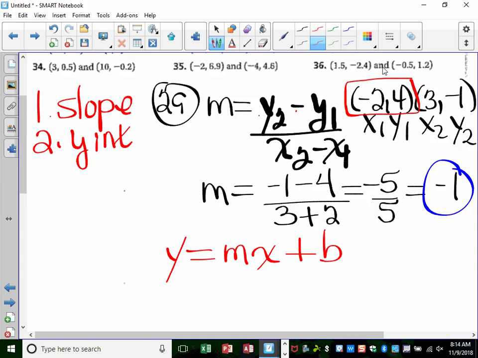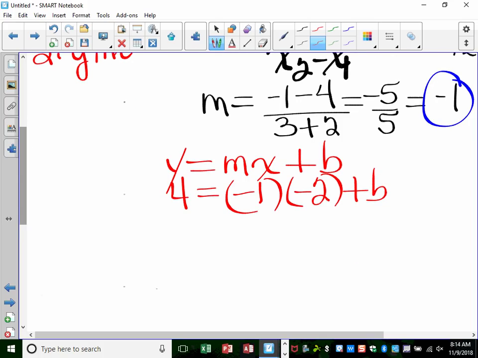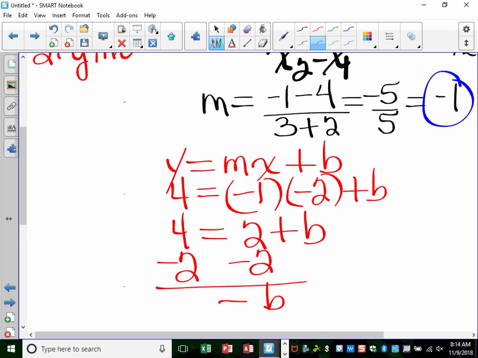Whichever pair you use, you have to use the x and the y. So if I use the first pair, I'm going to replace y with what? 4. My m is negative 1. And what is my x? Negative 2. A negative times a negative is a what? Positive. Solve for b. So b equals what? 2. Very good. There's my second number.